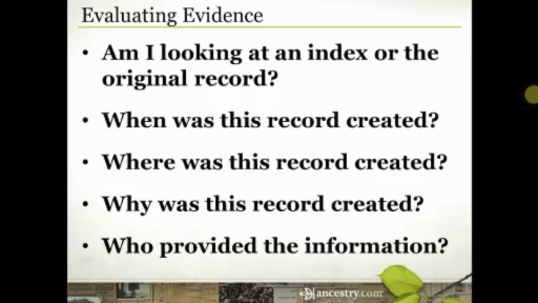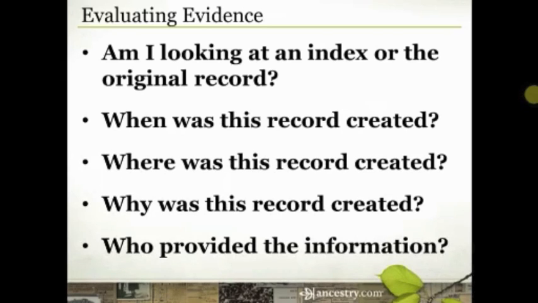I want to know who provided that information. If it's a daughter-in-law, which I've seen, maybe she didn't really know the names of her father-in-law's parents. Maybe that's why those names on that death certificate don't match anything else I've found. Maybe she only knew her father-in-law's second wife and didn't realize that that wasn't his mother. Again, think about who provided that information.